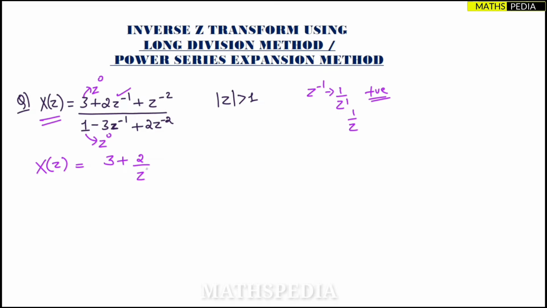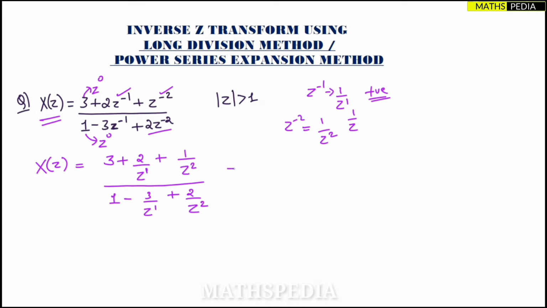Okay, so 2 by z power 1 plus here z power minus 2, so I can write it as 1 by z power 2. Correct, z power minus 2 is 1 by z power 2. Negative powers into positive powers, just take the reciprocal, that's it. So here next 1 is there, minus 3 by z power 1 plus 2 by z power 2. Simple, the denominator part.